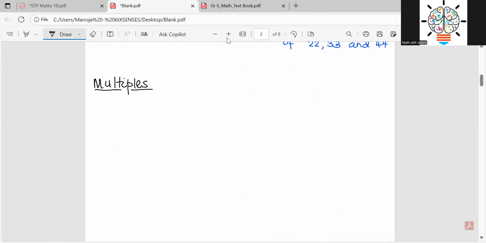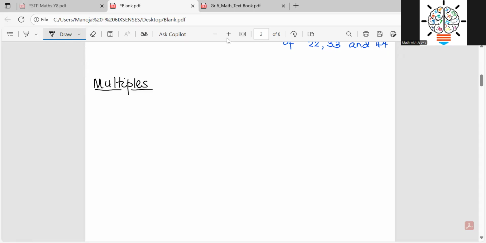2 times 1, 2 times 2, 2 times 3, 2 times 4, 2 times 5. When I read out the multiplication table like this, listen to me one more time, and you can find a common number while the other number changes. 2 times 1, 2 times 2, 2 times 3, 2 times 4, 2 times 5.